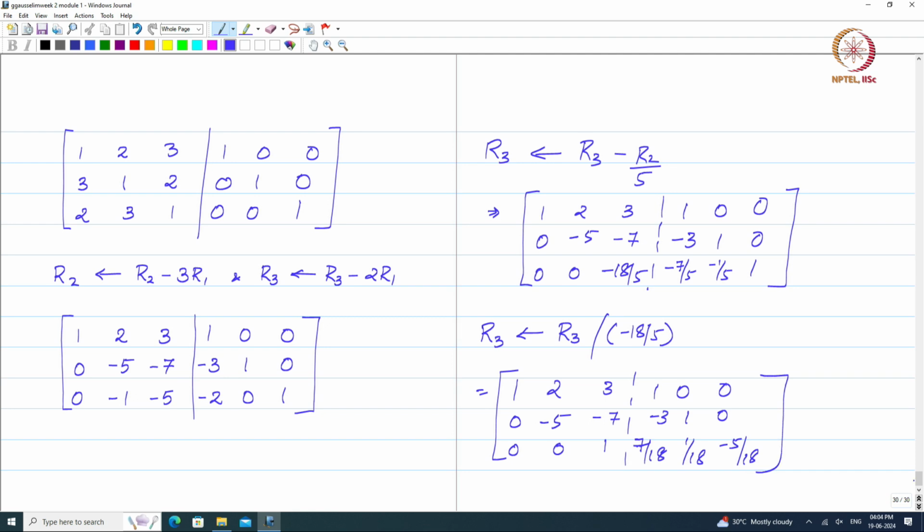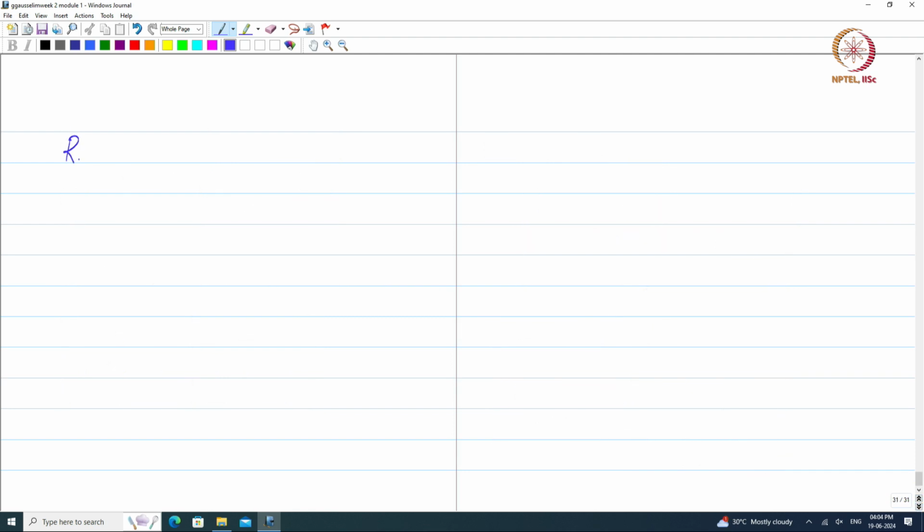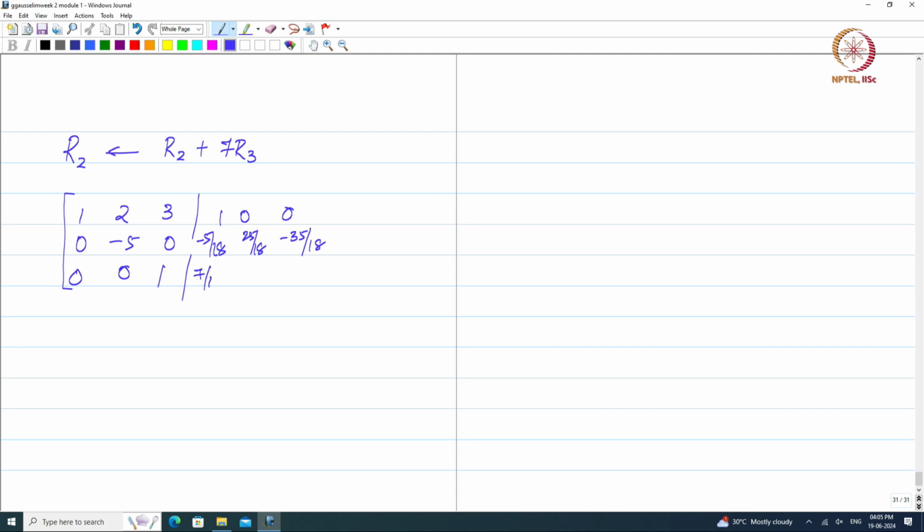R2 tends to R2 plus 7 R3. R3 is multiplied by 7 and added to R2. So, it tends to 1 2 3 1 0 0, 0 minus 5 0, minus 5 by 18, 25 by 18, minus 35 by 18. The last row 0 0 1, 7 by 18, 1 by 18, minus 5 by 18.